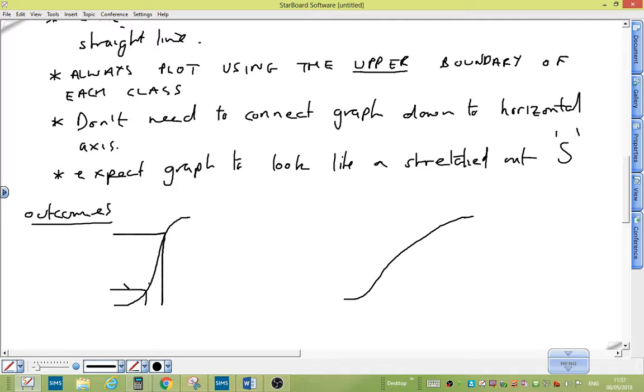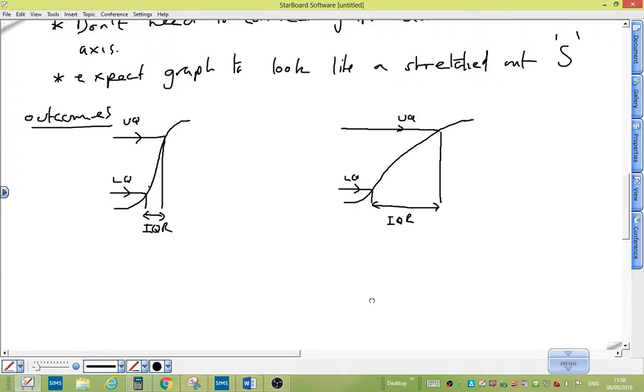So I'm going to make a quick note. Upper quartile, lower quartile, and that gap there is your interquartile range. That there would be your lower quartile. That there would be your upper quartile. And that gap there is your IQR.